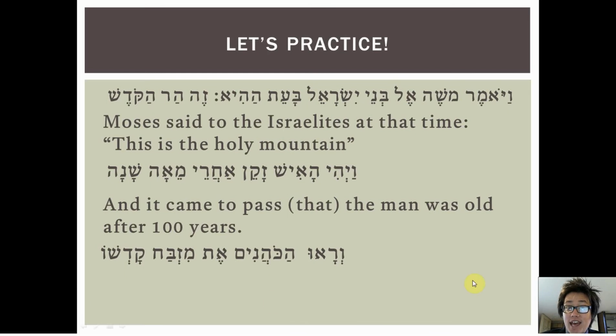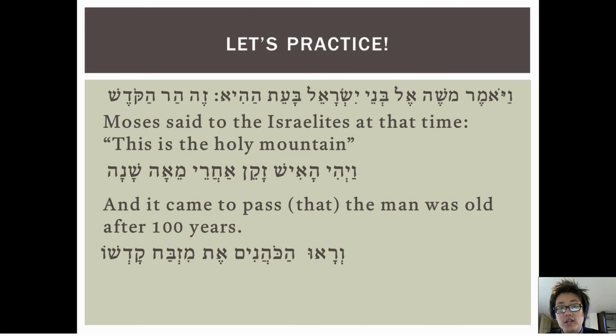You may recognize et as the untranslatable direct object marker. Mizbach, this is the construct or word pair form of mizbeach, which refers to an altar. So we actually have a word pair phrase at the very end, mizbach kadsho, really the altar, his holy altar.